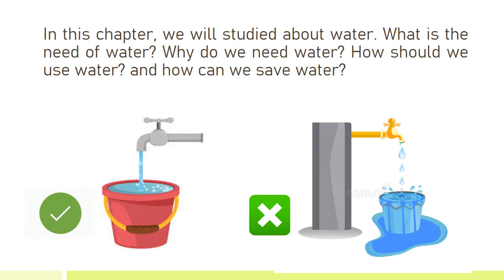Now, this is the second picture. In this picture, what do you see? Yes, the bucket is full of water. The water is overflowed, but the tap is still on.